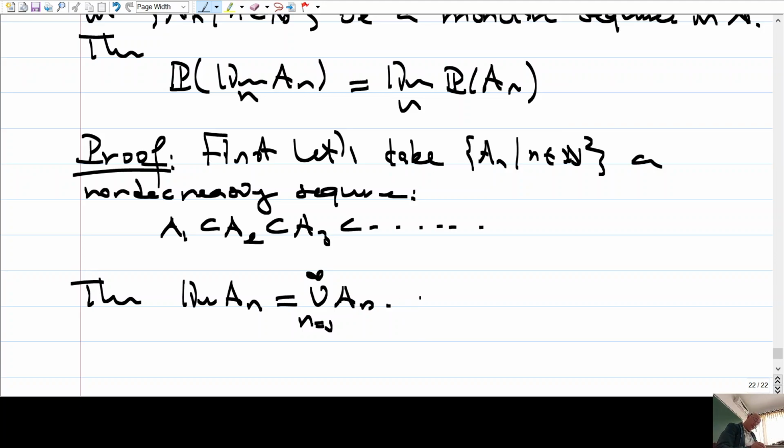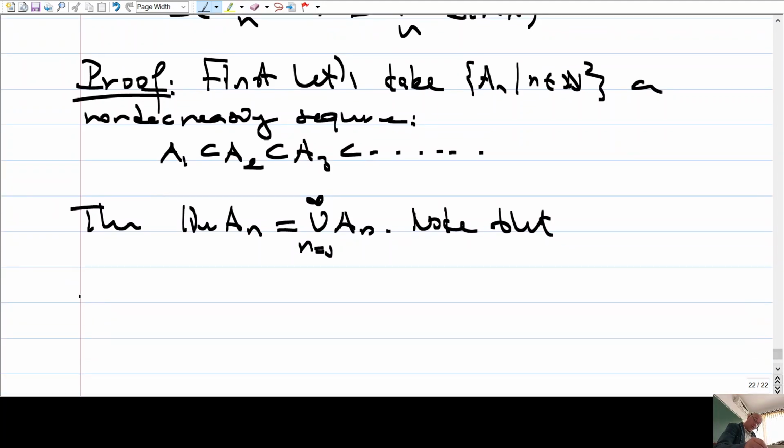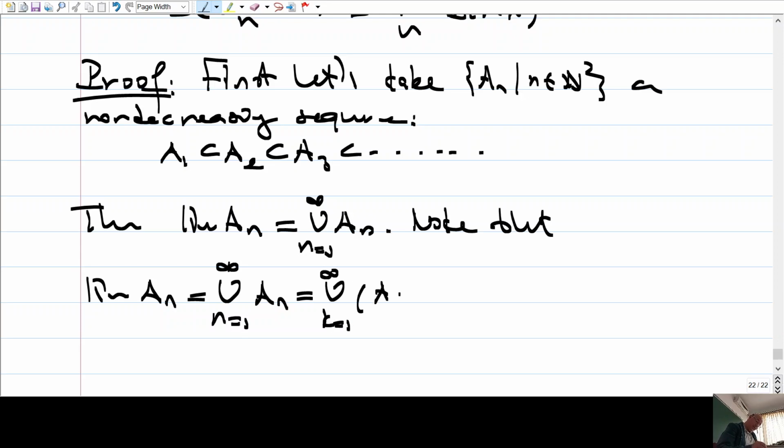Okay, note that I can write this as follows. Limit An, which is the union of An's, can be written like this: the union over k of Ak minus Ak minus 1, where when k equals 1, I have A0, so I have to define what is A0.